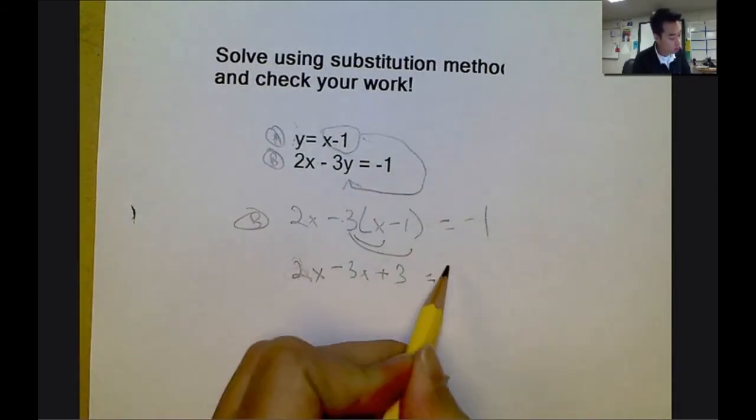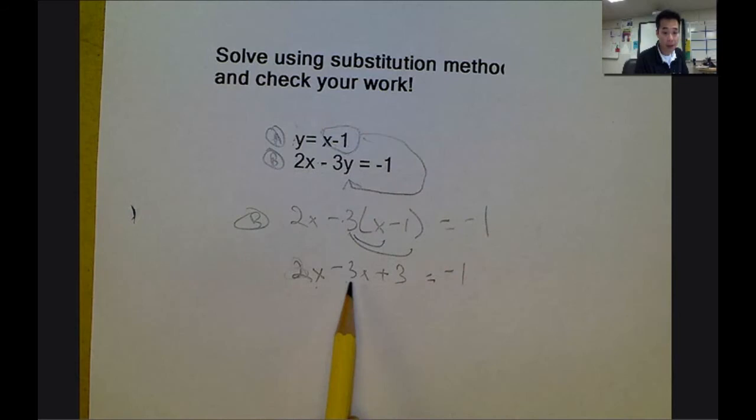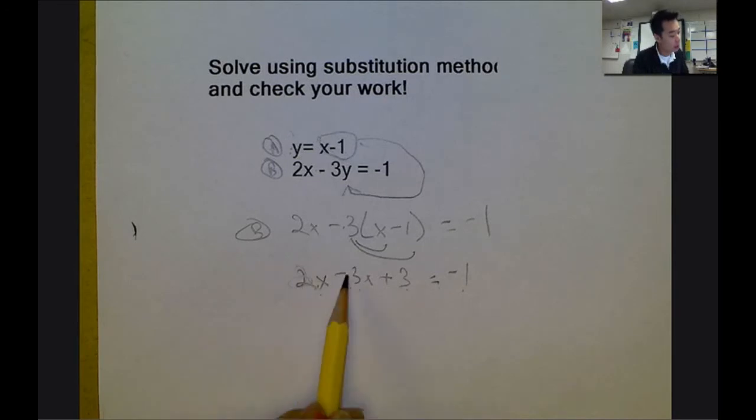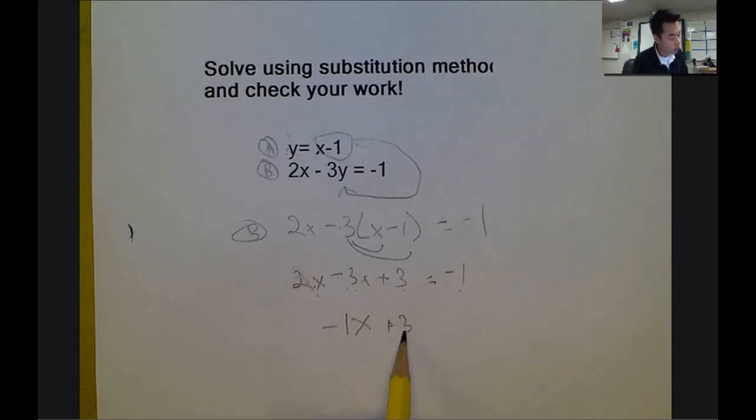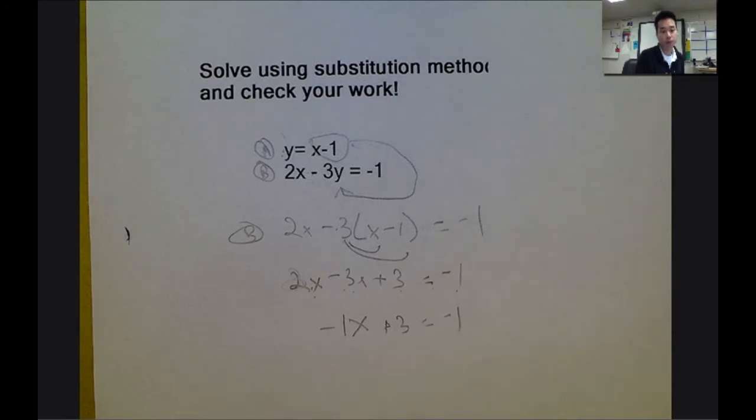So now I have 2x minus 3x plus 3 equals negative 1. And then from here, combine like terms and solve. 2x minus 3x is negative x, or for some of you, you like to see it as negative 1x. That's the same. Plus 3 is equal to negative 1.